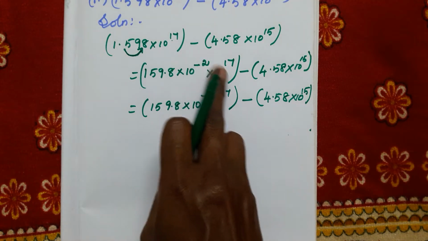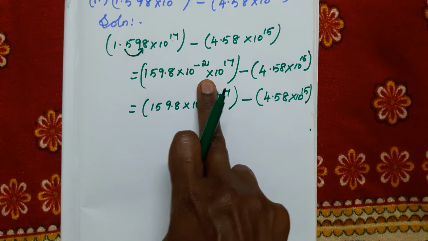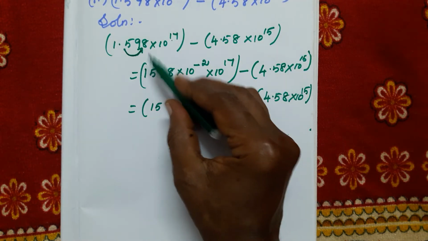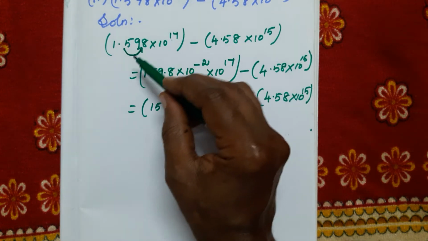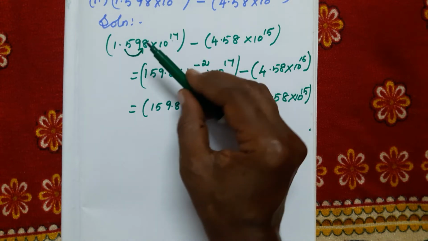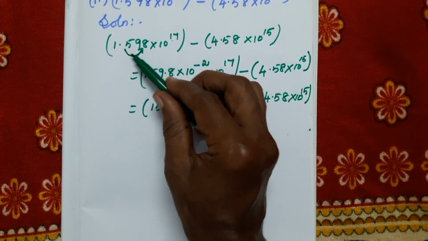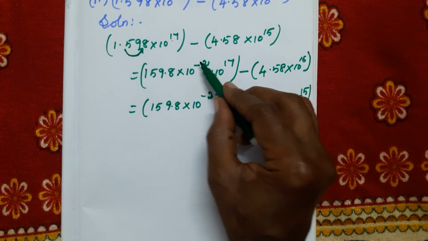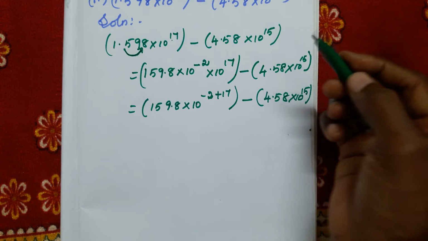For converting, both powers should be the same. For that only I have moved the decimal point 2 digits right. So 159.8 into 10 power minus 2. Decimal point moved 2 places right, so we can write 10 power minus 2. The same 10 power 17.